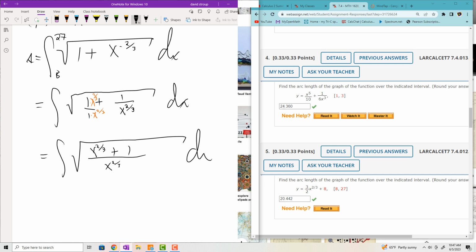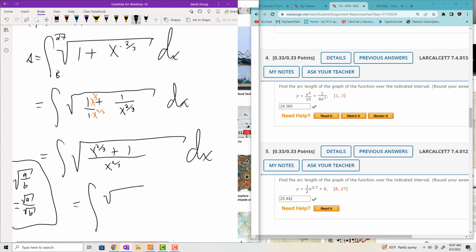Here I can split up the square root, since the square root of a quotient is equal to the quotient of the square roots. So I have the integral of the square root of x to the 2/3 plus 1 all over the square root of x to the 2/3. Then you can simplify that.